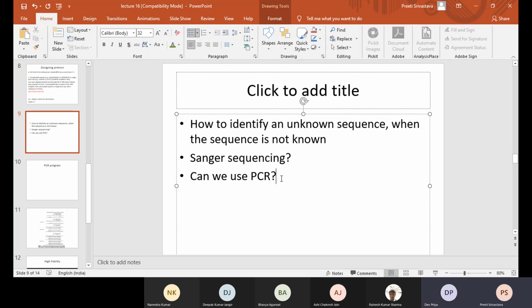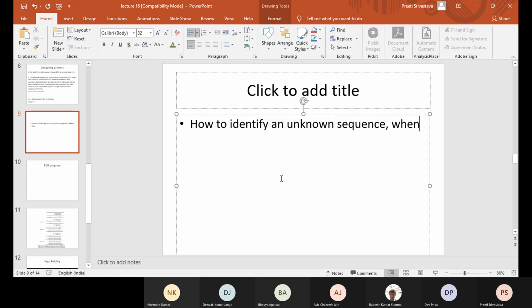Class? Yes, ma'am. Okay. So then the question is how to identify an unknown sequence. I have written this. Let me explain how to identify an unknown bacterial strain. है ना? So in this case, the technique that is used is 16S ribosomal DNA sequencing.